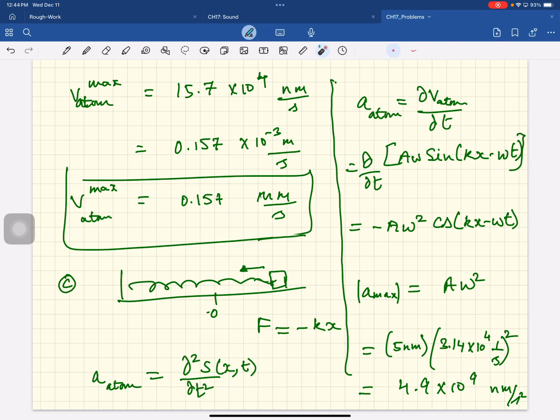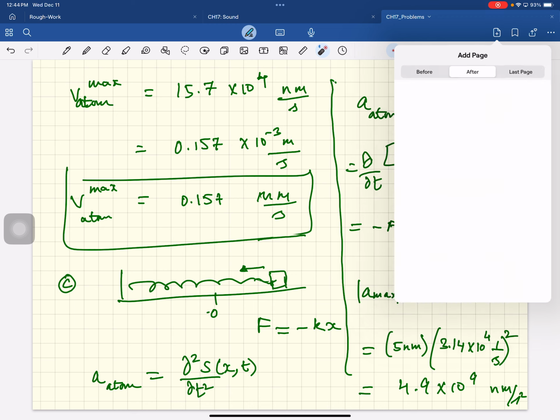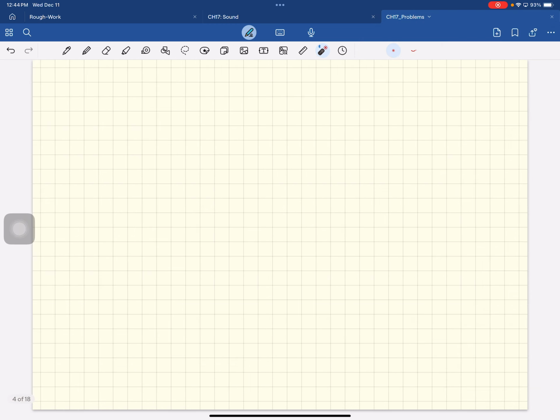Look at this number, nanometer: nano is 10 to the minus 9, which cancels that. So the maximum acceleration is 4.9 meters per second squared. That is 0.5 g, so the maximum force on the atom is half its weight.